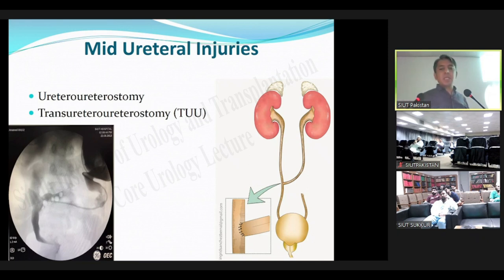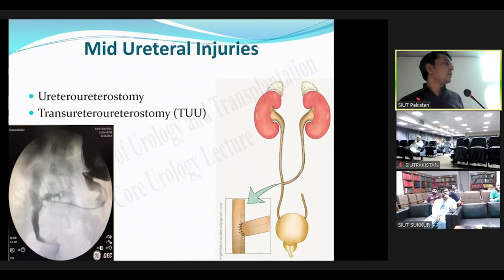But there are some contraindications for transureteroureterostomy. Can anyone mention them? Any relative contraindications? The relative contraindication is nephrolithiasis, retroperitoneal fibrosis. The absolute contraindication is if the length of the ureter is too short to bring it to the other side. It's not an option then.